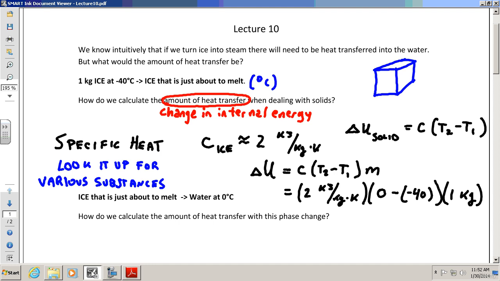So it does not matter in this case. If I were to convert both of these two temperatures in Celsius to Kelvin, you would still have the same temperature difference. So it doesn't change anything. So you can be loose like this and just go ahead and throw it in. It will work out. Okay. So you calculate this number. It's pretty simple. You get the change in internal energy is 80 kilojoules.